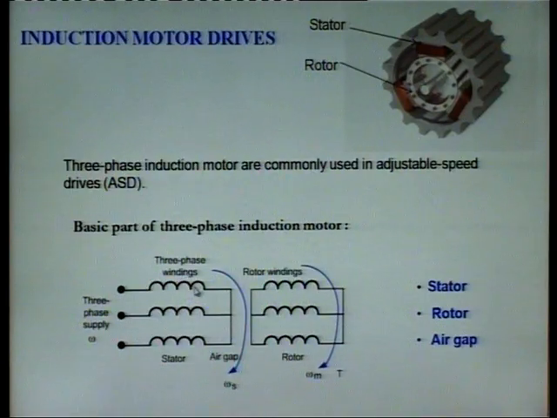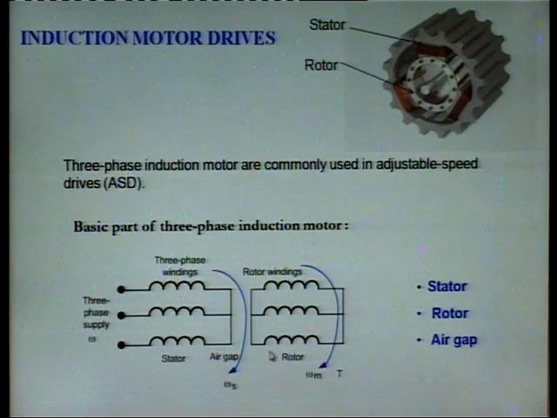That means this magnetic field formed here is rotating in nature, and there is an air gap between the two. This magnetic field rotates at the synchronous speed, omega s, and when it cuts the rotor winding, there is a mutually induced EMF in the rotor winding, which is also 3-phase in nature, and the rotor rotates at another speed, omega m.